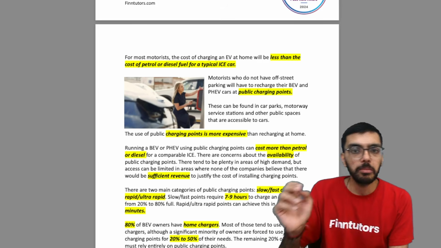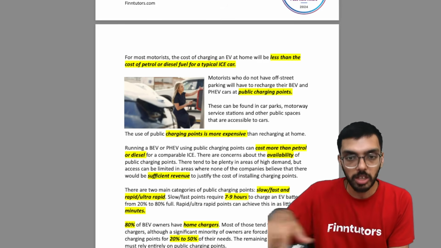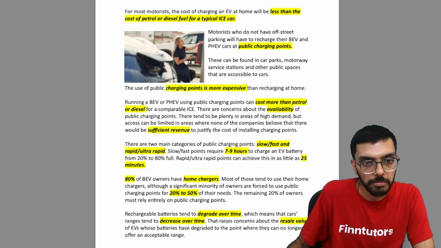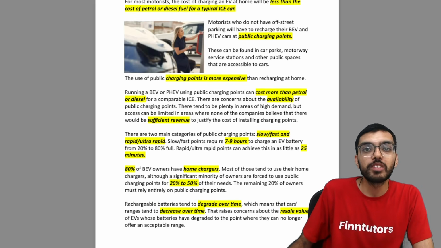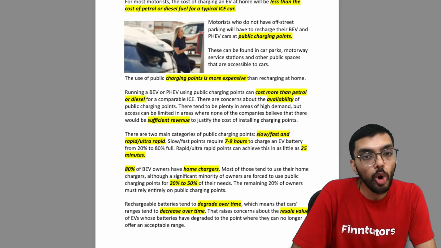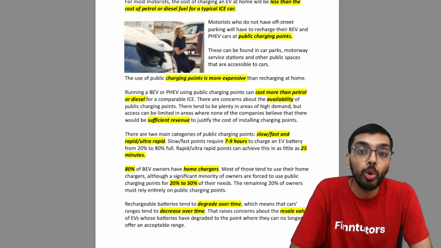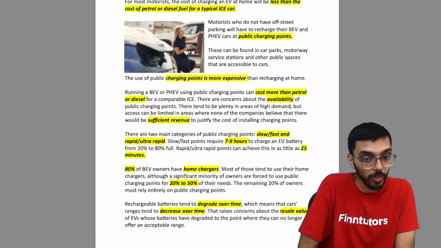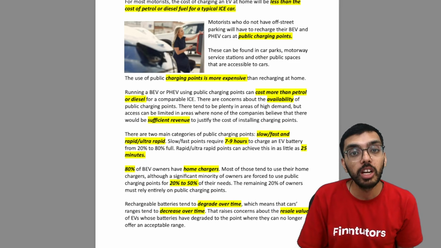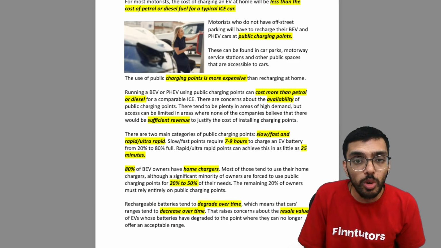You might have seen them in car parks, in motorway service stations, at petrol pumps and other public spaces that are accessible. The use of public charging points is obviously more expensive, and running a BEV or a PHEV using public charging points can cost you more than petrol or diesel. So overall, as a BEV manufacturer, you need to make sure that the charging costs go down. Otherwise, who is going to buy your car?